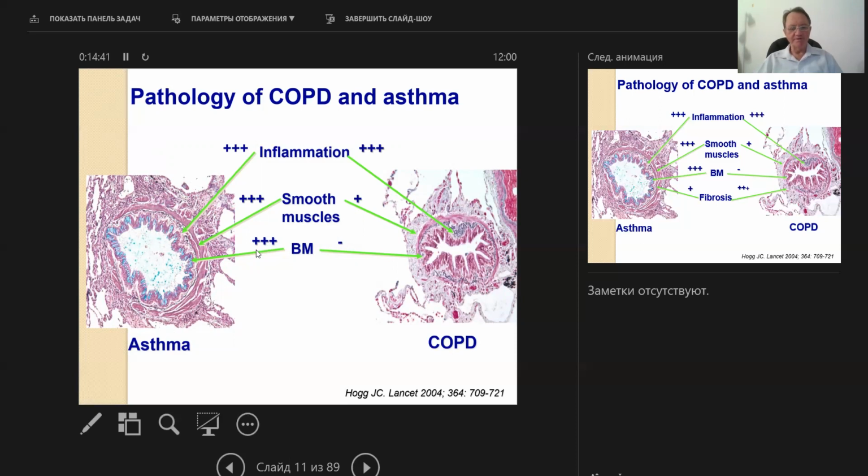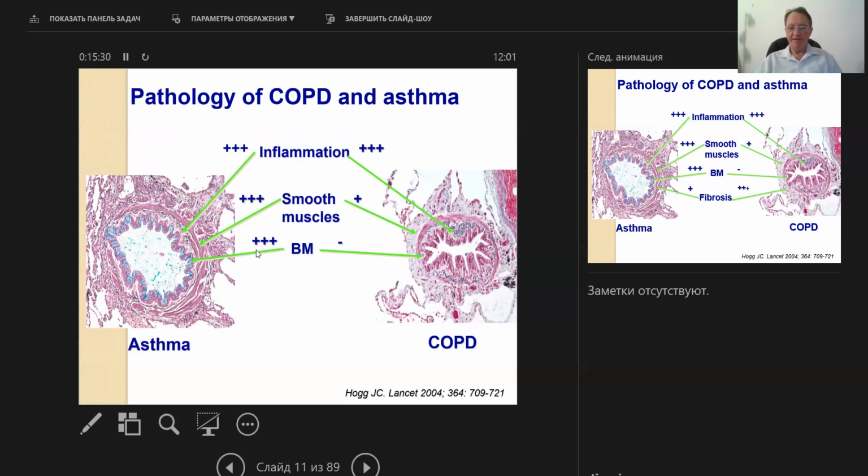But I know such clinical cases when we discussed with pathomorphologists. In our opinion, the patient's death was due to pulmonary edema. But in the opinion of the pathomorphologists, the patient died due to COPD. But after reporting of morphological changes, we paid attention that the patient had an enlarged basal membrane.